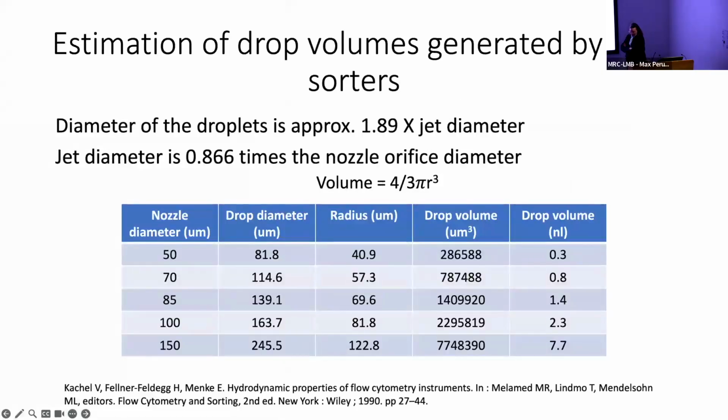Some of you are probably interested in the generated drop volumes associated with various different nozzle and sorter types. We can calculate this based on the nozzle diameter, and on our two Thermo Fisher Bigfoot sorters, we can very closely and accurately calculate exactly how much volume will be generated downstream of the sorted particles based on the nozzle size that you're using.